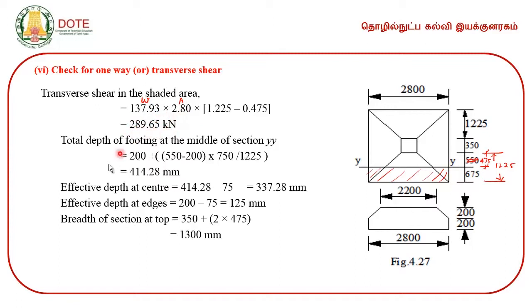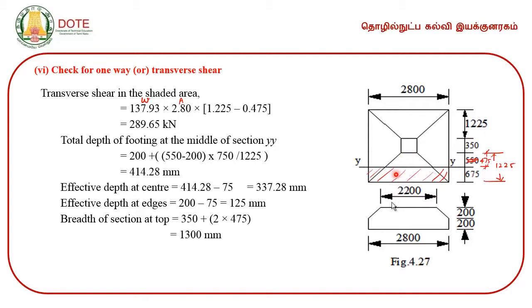Now, the total depth of the footing at the middle of the section, because the section goes like this: at the edge the thickness is 200, whereas at this point the thickness is 550 mm. So, there is a slope from this point to this point. The slope starts at 200 mm above the bottom of this footing at this point and goes like this and joins at this point.